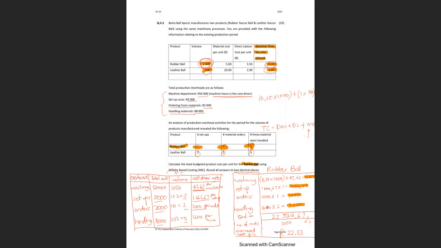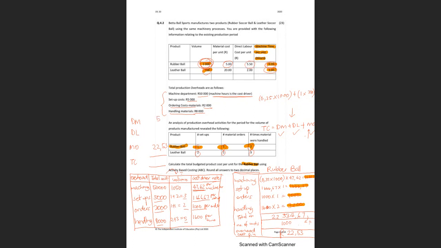Okay, so you're going to take that 22.53 and now you're going to put it into this formula. So it is your total cost being calculated as your direct material plus your direct labor plus your overhead. So now we know that your overhead is the 22.53. So I'm going to write here 22.53, and then your direct material, they said to you, was 5 Rand per unit for rubber ball.